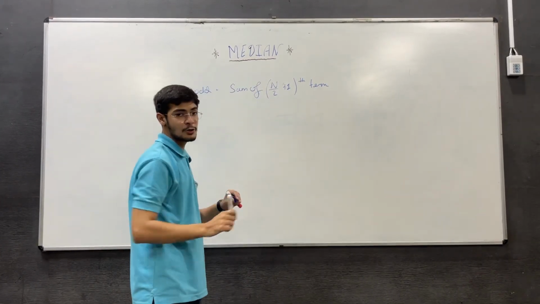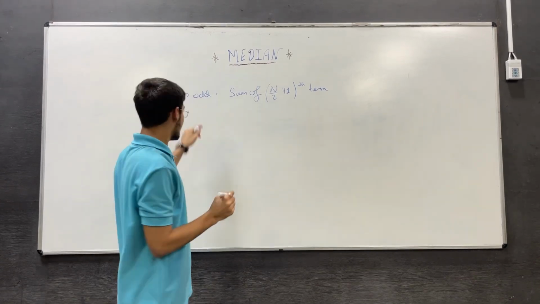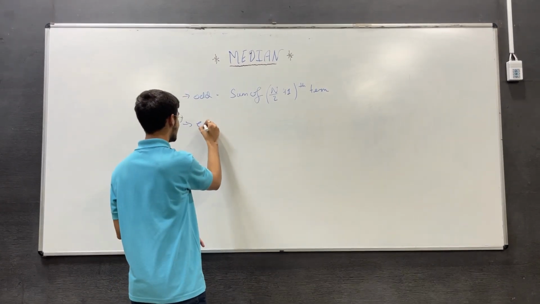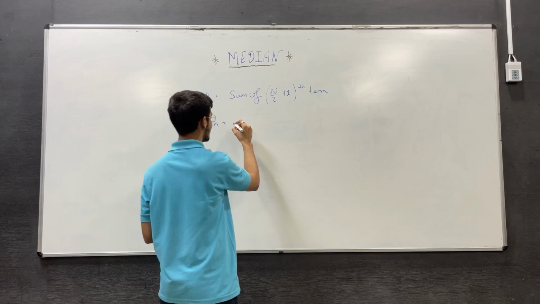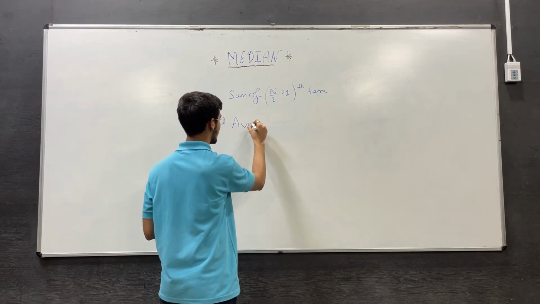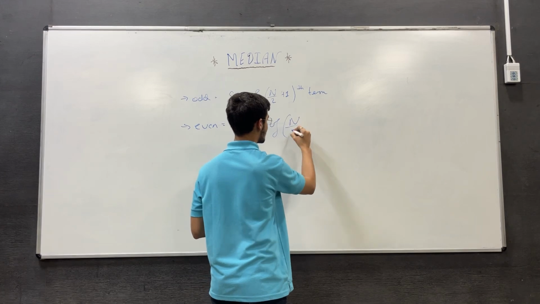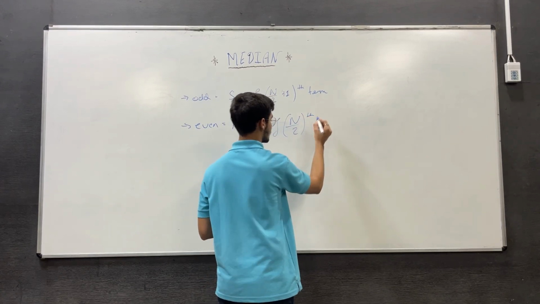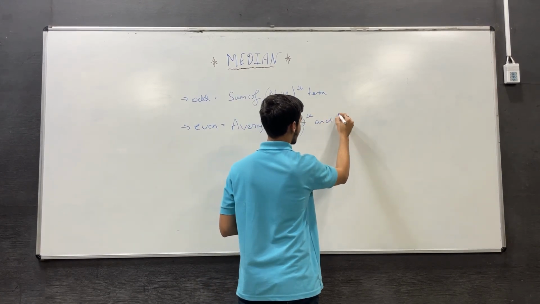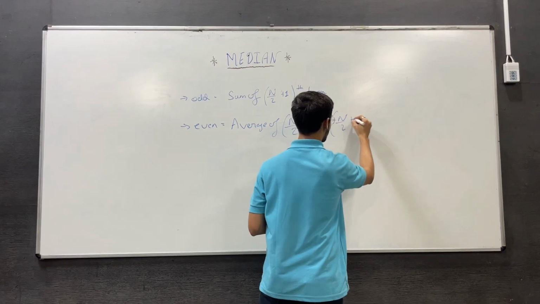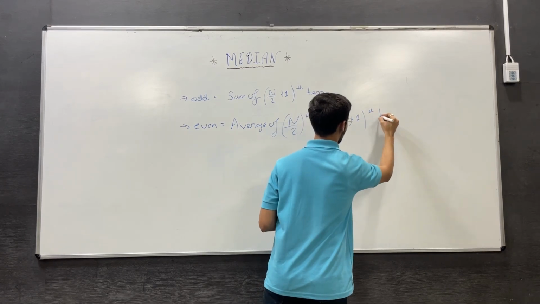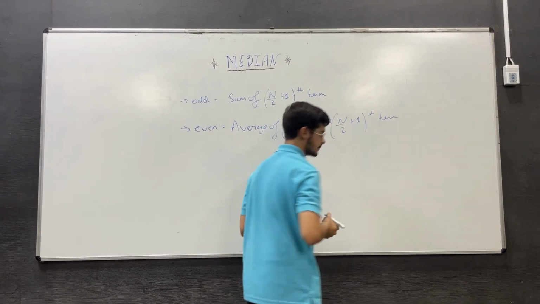If the data set is even, we use the average of the n by 2th term and the n by 2 plus 1th term of the data.